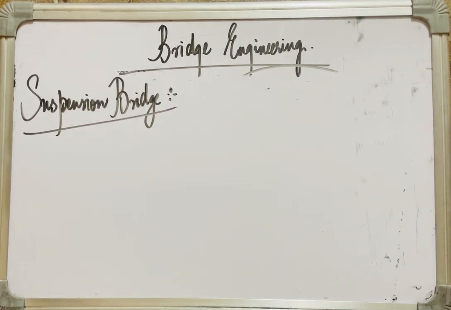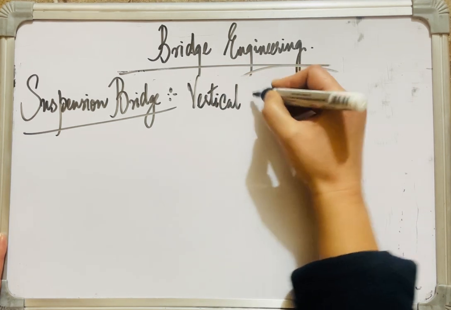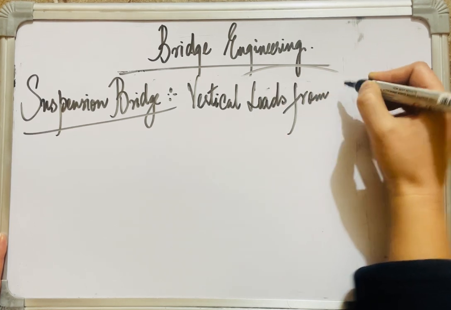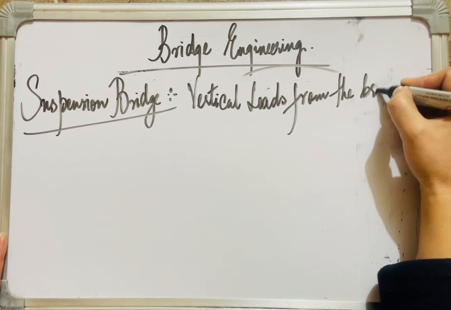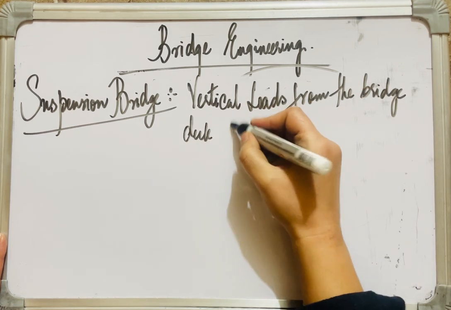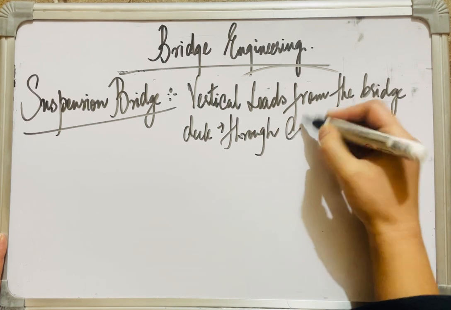A suspension bridge is a bridge which carries the vertical loads from the deck through curved cables which are in tension. That means vertical loads from the bridge deck are carried through curved cables which are in tension.